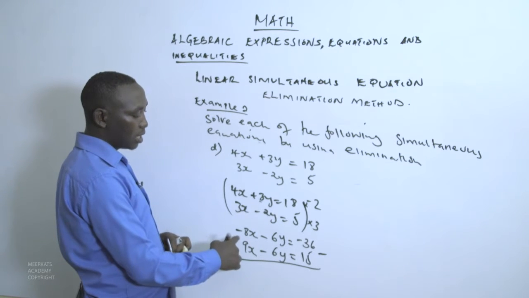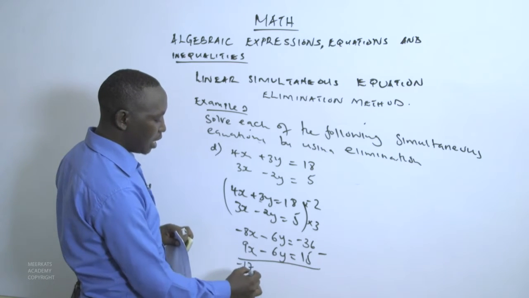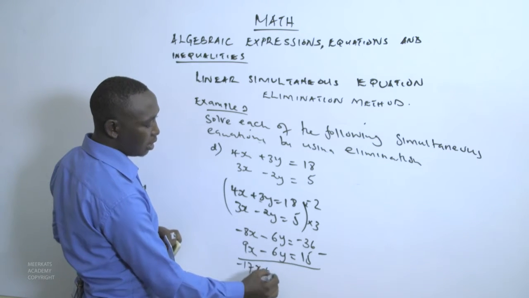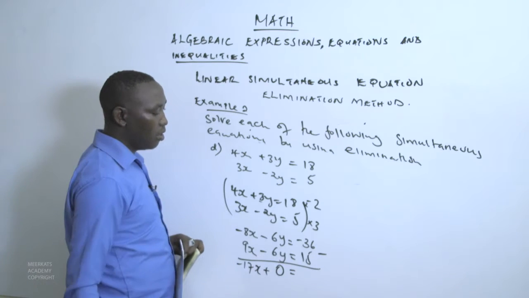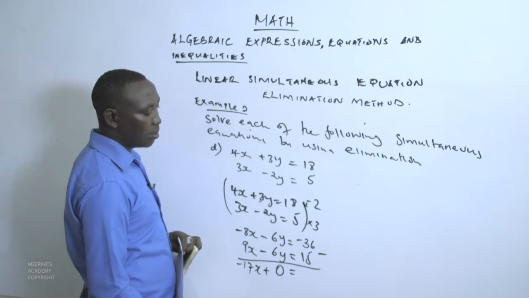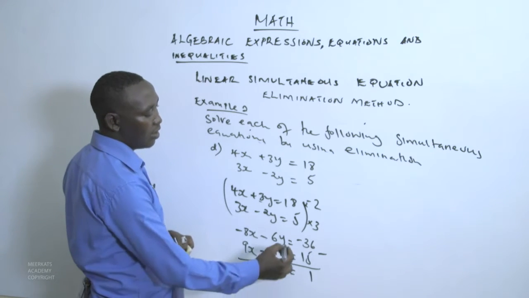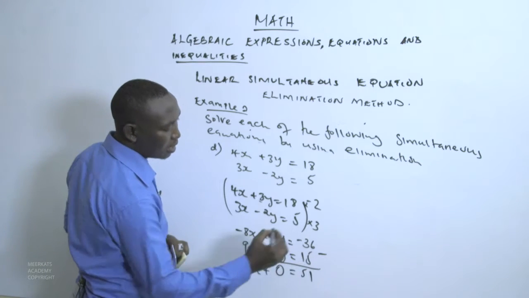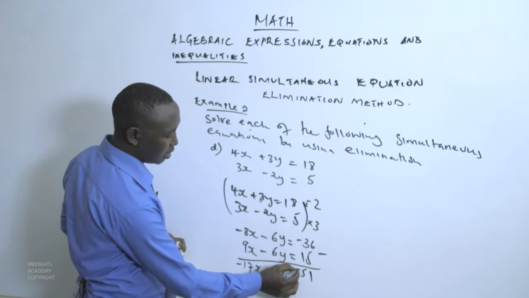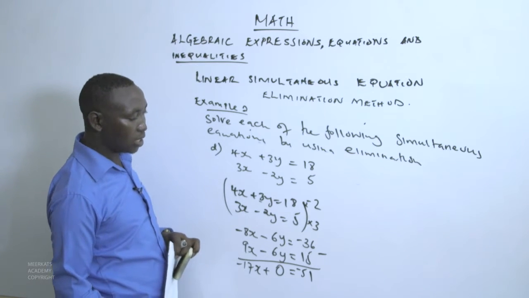So when you subtract 9x from -8x, you'll get -17x. This one will give us 0 is equal to minus 36 subtract 15, that is minus 51.